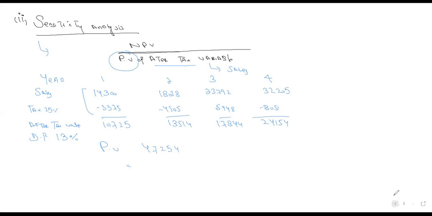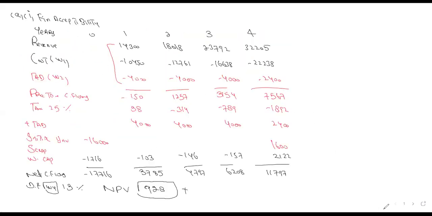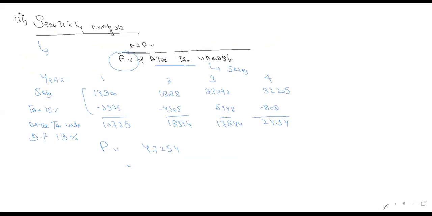Now apply the formula. NPV you have already computed. What was that? 928. So you will apply here 928000 divided by 47254 multiplied by 100.